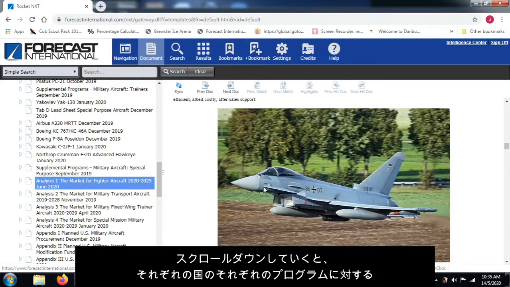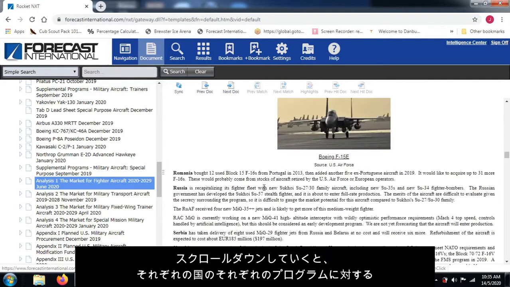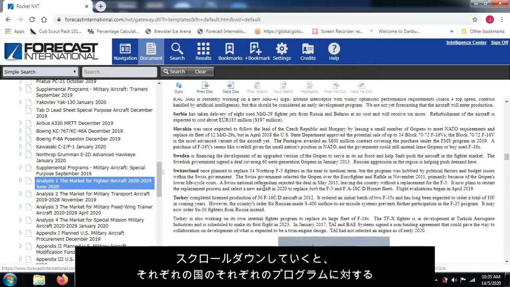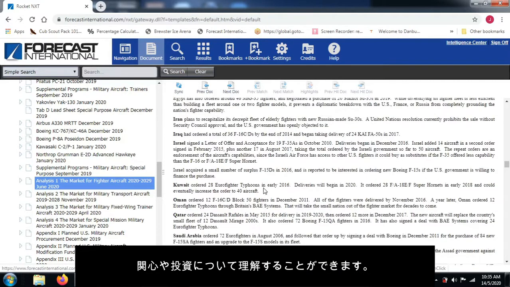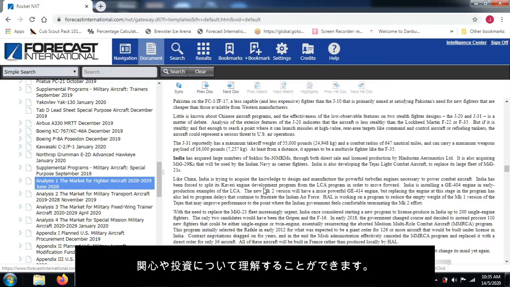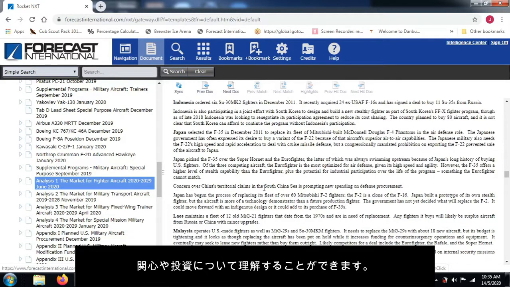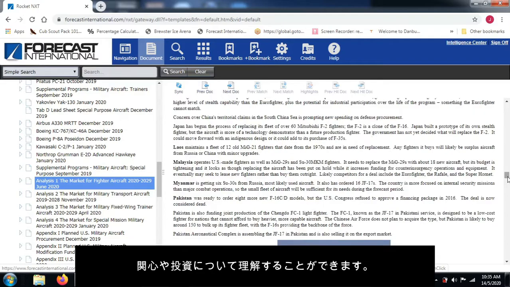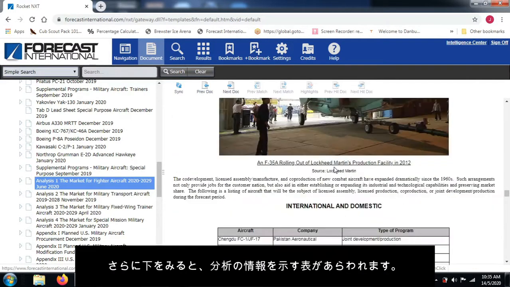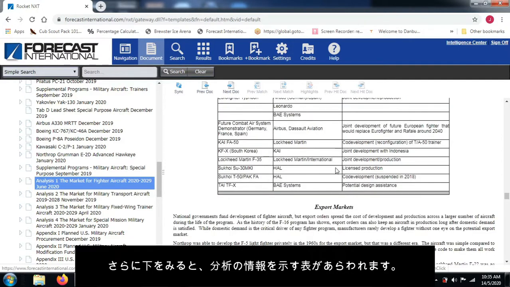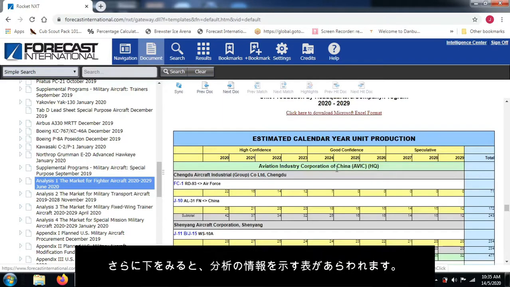As we scroll through it, we understand the different countries' interests and investments into the program, or into all of their different programs. And then finally, as we get toward the bottom, we can start to see the tables and charts that define the analyses.